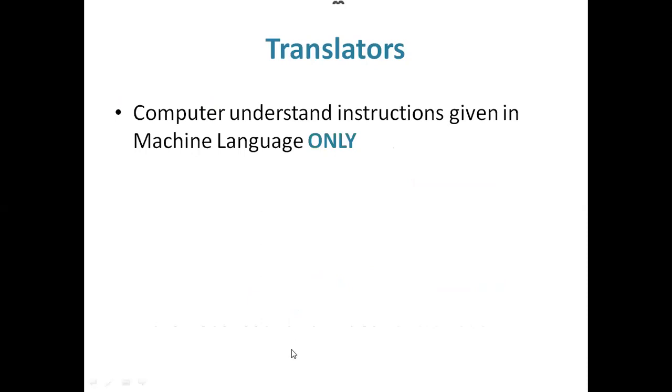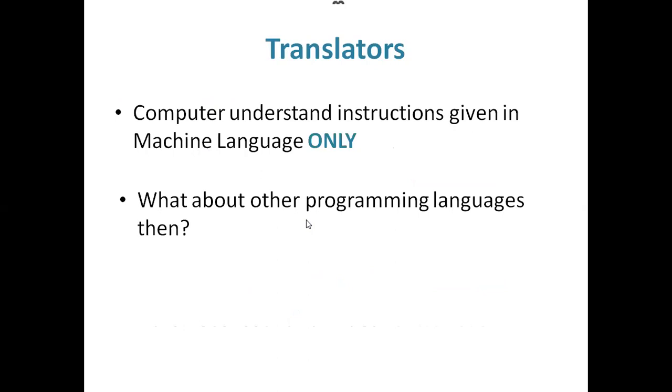So in this video, we will see the translators. What is a translator? You know that the computer understands instructions given in machine language only. But you also know that we use other programming languages for developing software, such as assembly language and high-level language. Then we need translators so that the computer can understand the other programming languages.